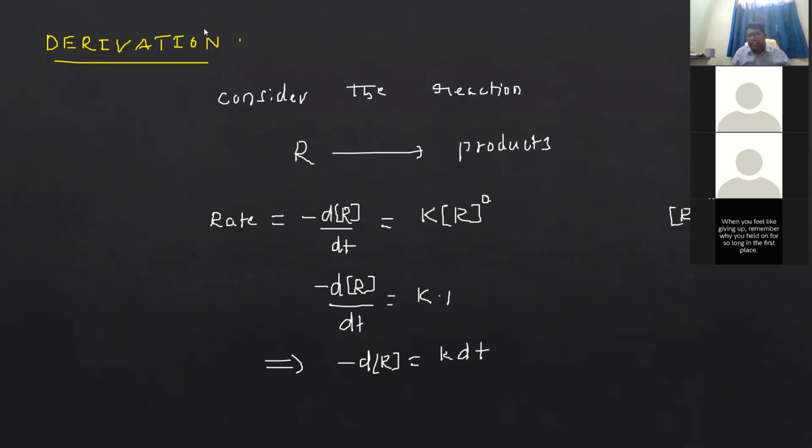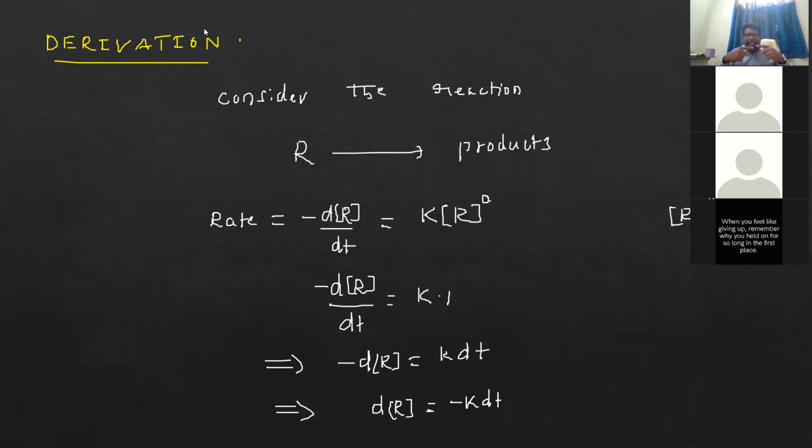Again, for our convenience for integration, d[R] is equal to minus K into dt. So this is the equation: d[R] is equal to minus K dt.